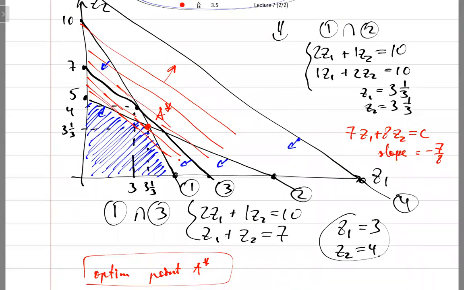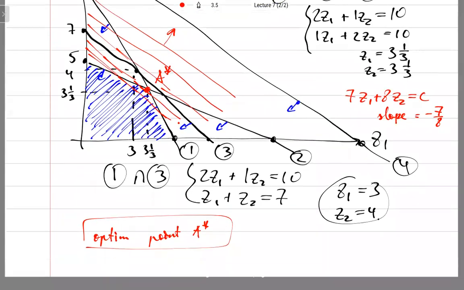So line number 1 intersects line number 3 above the intersection of 1 and 2. Okay, so my plot is qualitatively correct. That's important. And the location of point A is calculated exactly.